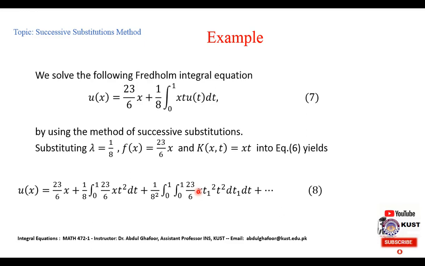Our k of xt is xt, so there should be xt into k of tt1, that should be tt1, and f of t1 is 23 by 6 t1. By putting k of xt, k of tt1 and f of t1, we get 23 by 6 x t1 square and t square dt1 dt plus so on.